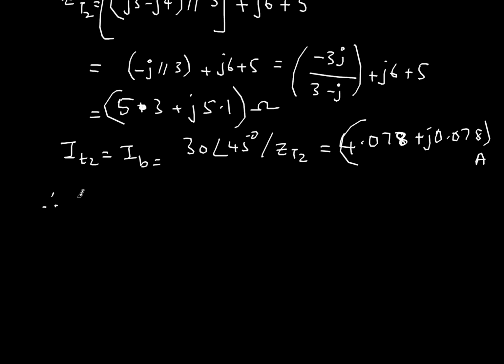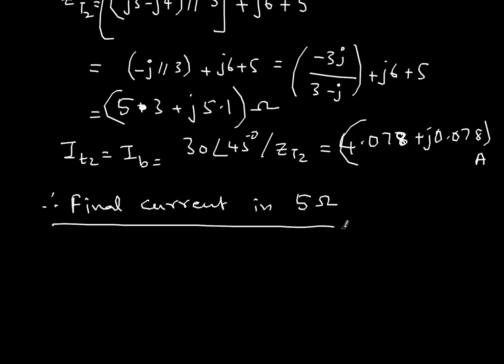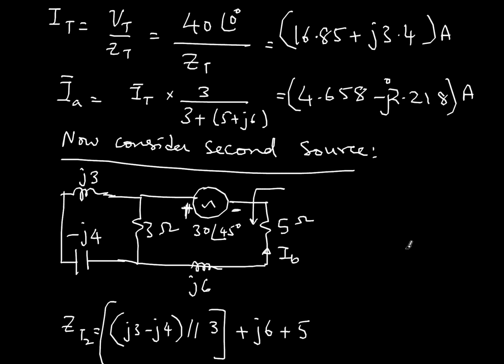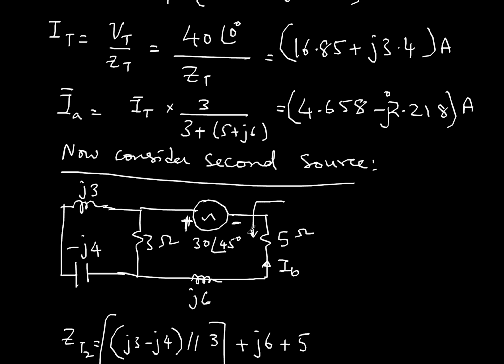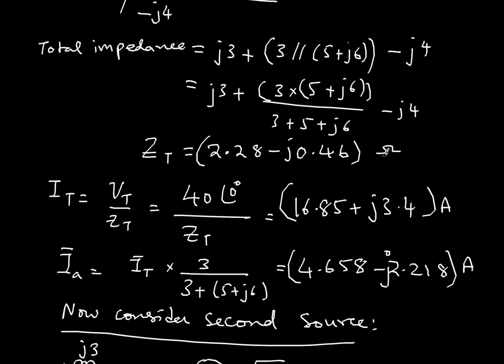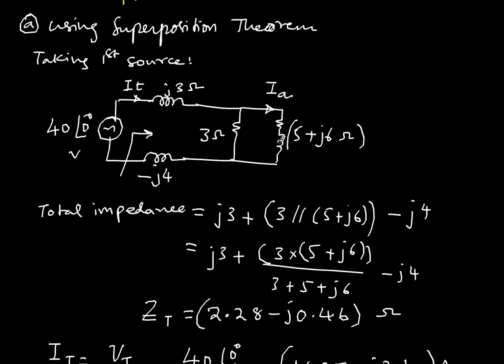So therefore the final, resultant current in the 5 ohms resistance: because there are only two sources, I do it with two sources. Otherwise I have to do multiple sources, 3 or 4 sources. I have to find the individual current by each source and then add them. As I mentioned, IB is going upwards here, whereas IA I considered downwards.